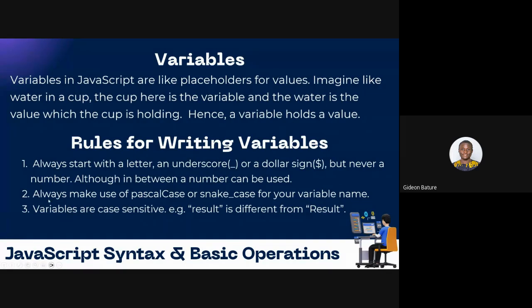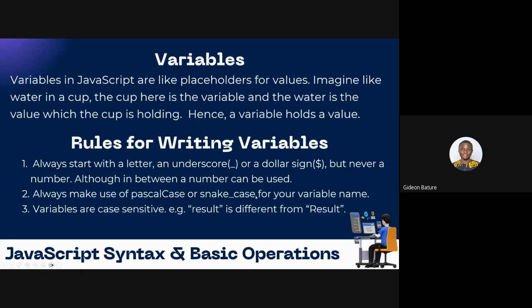Now the second rule is always make use of Pascal case or snake case for your variable name. We'll still look at Pascal case and snake case. Now, if you are familiar with programming, you'll find out that there are some variables that appear like this, where if you want to write my name, the my is going to be small letter, while the beginning of the name, which is N, is going to be capital letter.